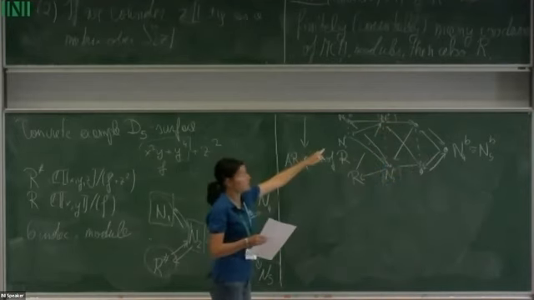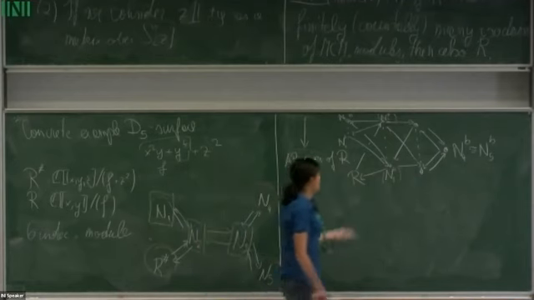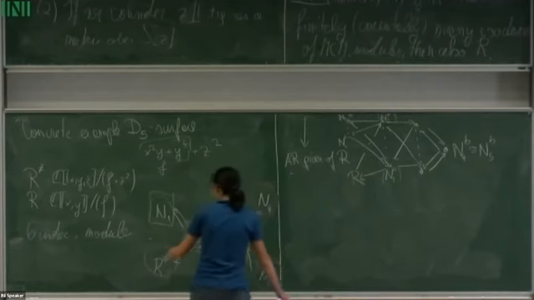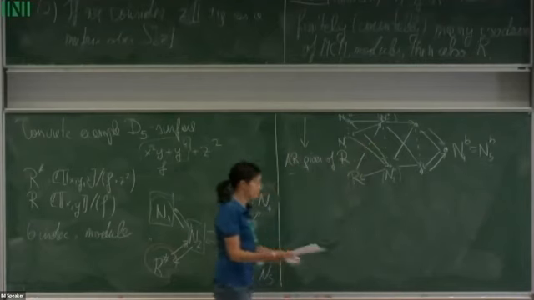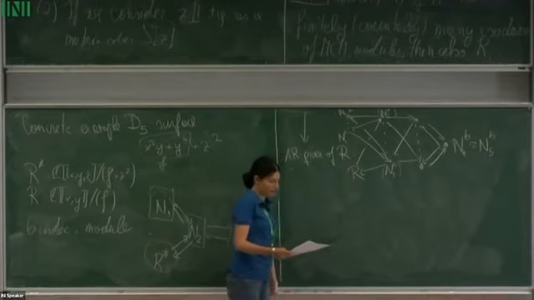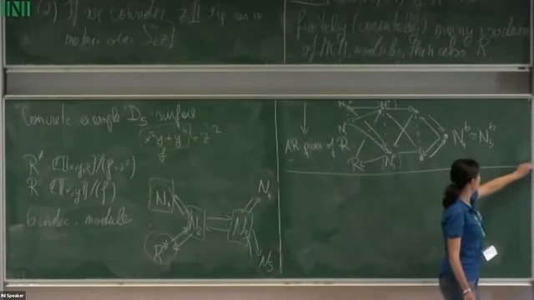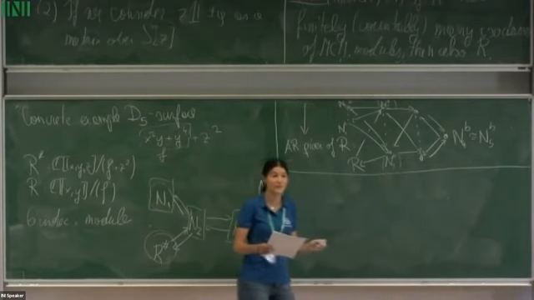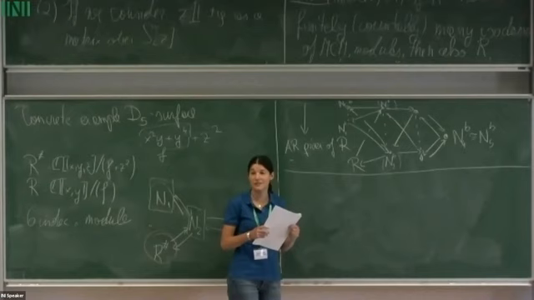So this is what happens to the McKay quiver. And you can actually check that if you take the reflection group, then this is actually the McKay quiver of the reflection group, modulo the trivial representation. Okay, so far so good. This is a good time to ask any questions.